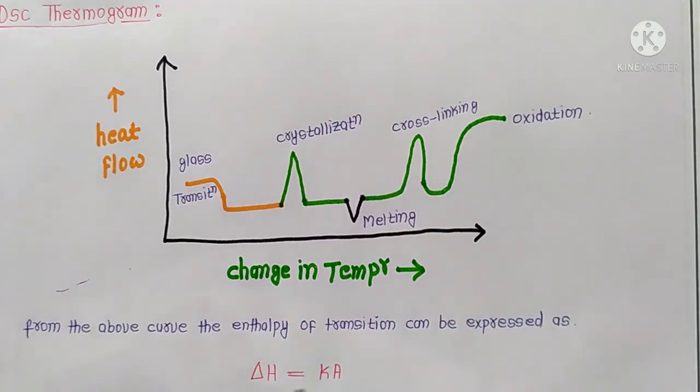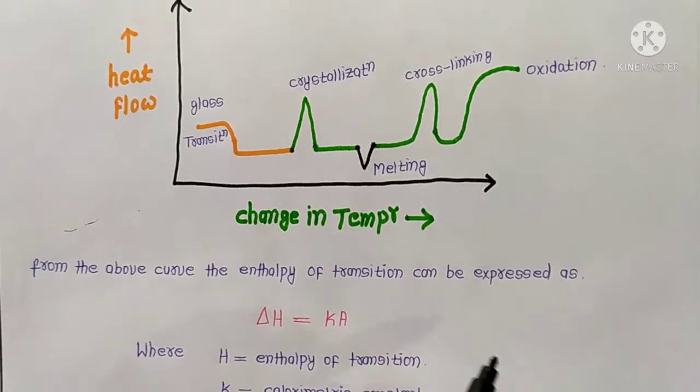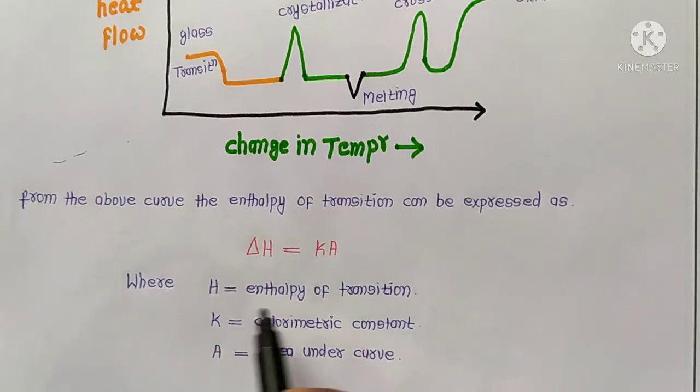From the above curve, the enthalpy of transition can be expressed by the equation ΔH = KA, where ΔH is the enthalpy of transition, K is the calorimetric constant, and A is the area under the peak. Now let's see some of the advantages of using DSC.